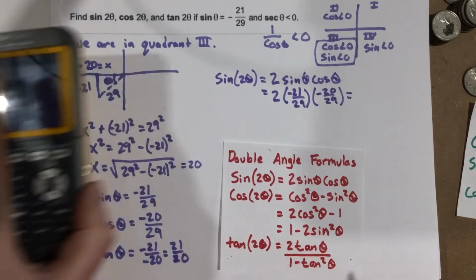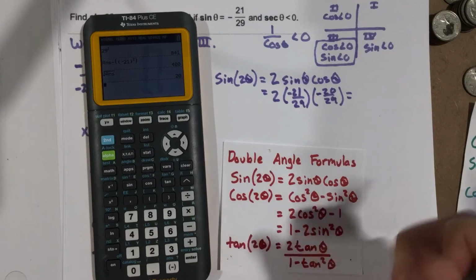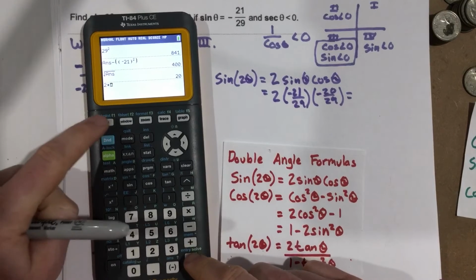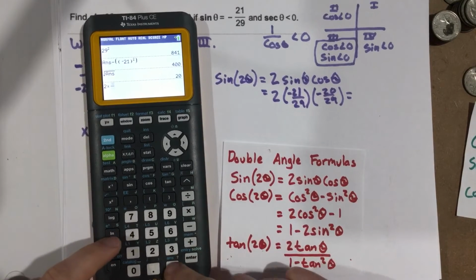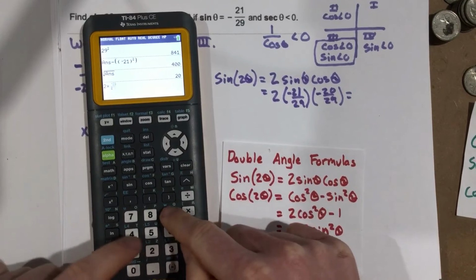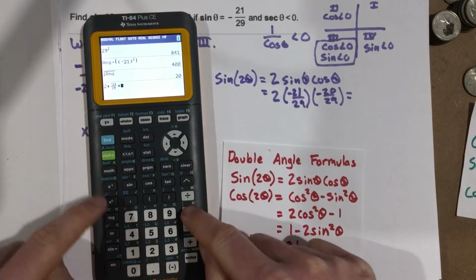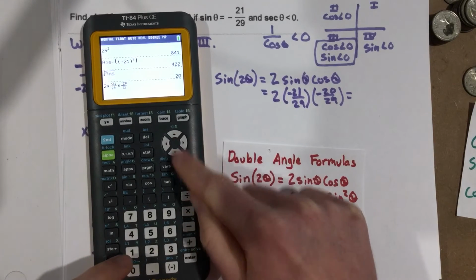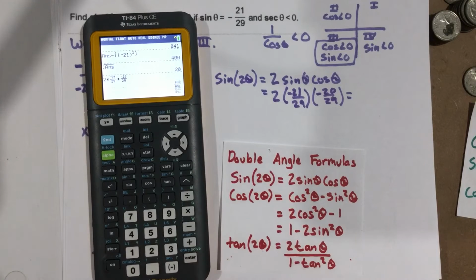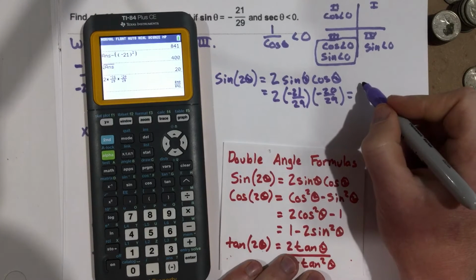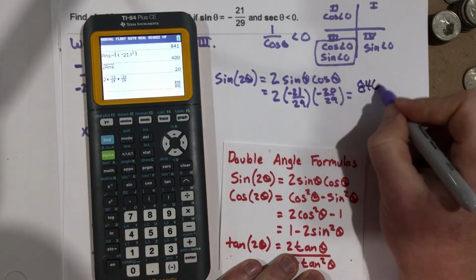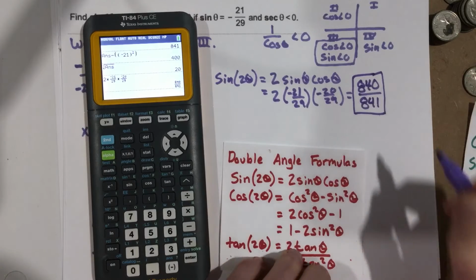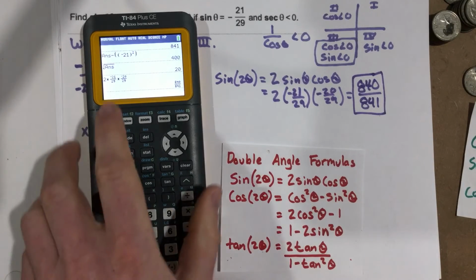We plug all that in the calculator. So 2 times, we'll use fractions, negative 21 over 29, and times negative 20 over 29. 840 over 841 is a solution for the sine 2 theta, double the angle.